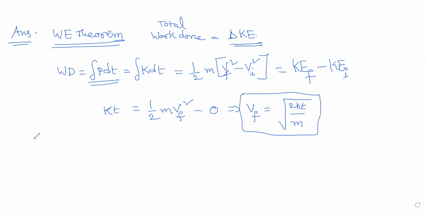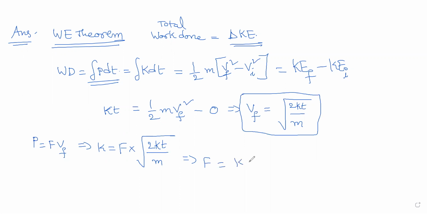But I also know the power is equal to force into velocity. Here I get the final velocity. The power k is equal to F into v final, which is square root of 2kt divided by m. So here I need to find the force.